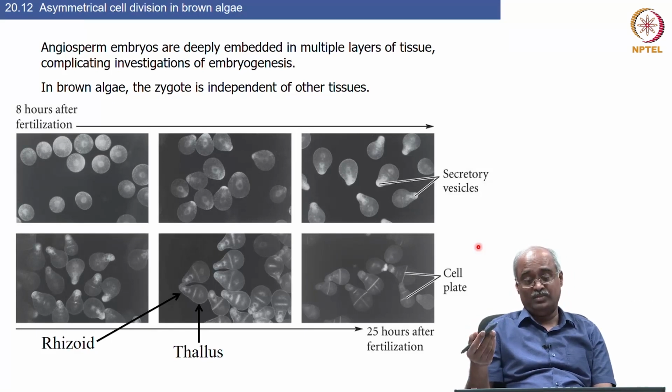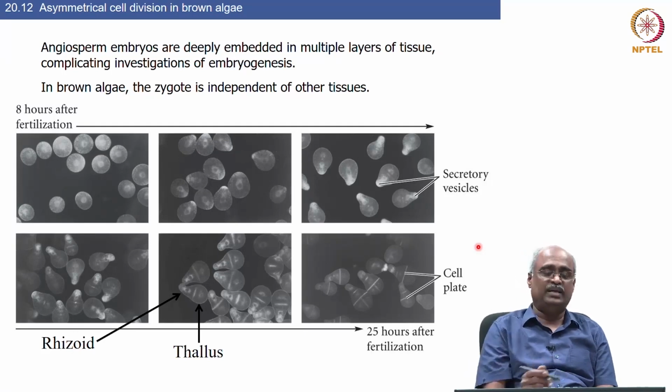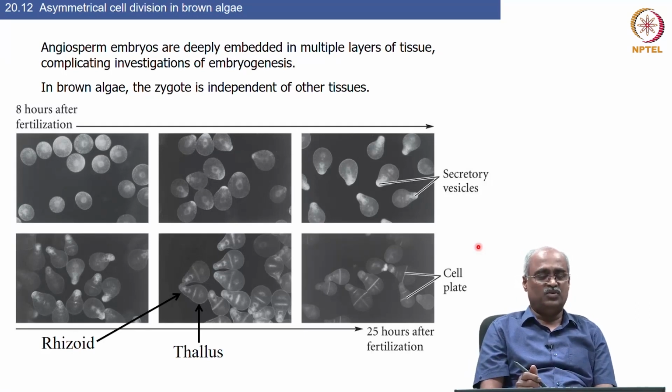So the environmental cues can override the initial polarity cue provided by the sperm entry. That is an interesting fact of plant reproduction, embryonic development, that came from studying the embryogenesis of brown algae.